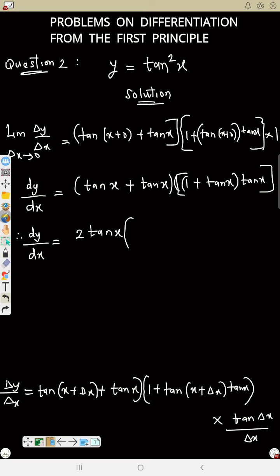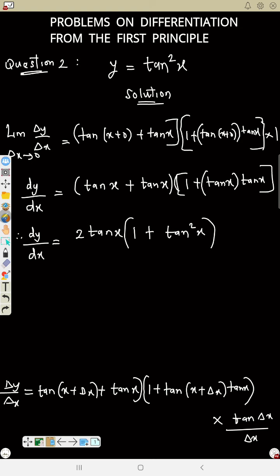Here also, let me remove the bracket. So that will be 1 plus tan x tan s. So this will be 1 plus tan square x, because tan s times tan s will be tan square x. Take note of that part and the use of the bracket. The bracket is not affecting the small one, it's only affecting the tan x.